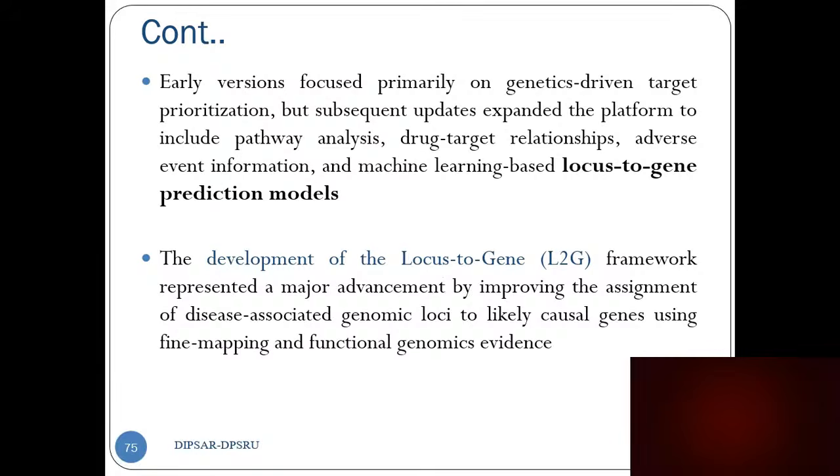Another thing when we talk about the Open Targets Platform is that in their earlier versions, now they are using a slightly more advanced machine learning based locus-to-gene prediction model. This locus-to-gene framework represents a major advancement by improving the assignment of disease-associated genomic loci to the likely causal gene using fine mapping and functional genomic evidence.